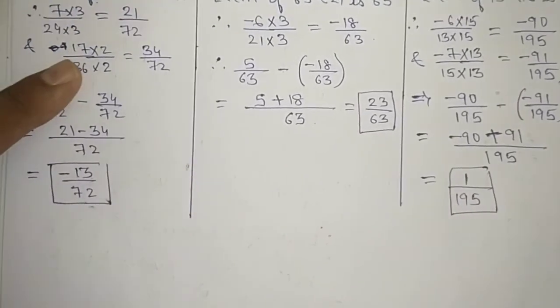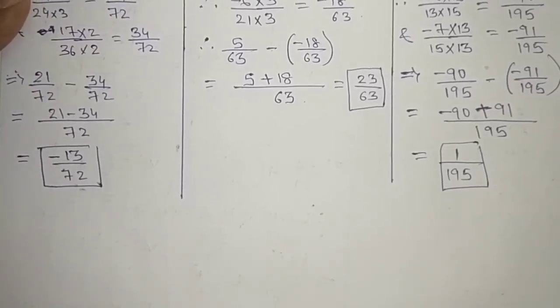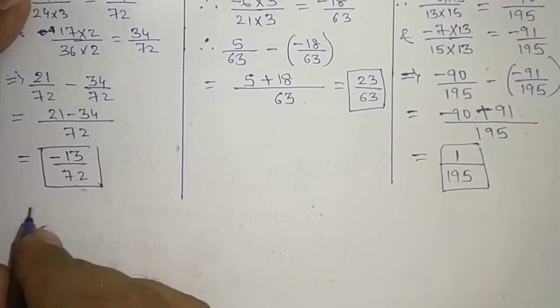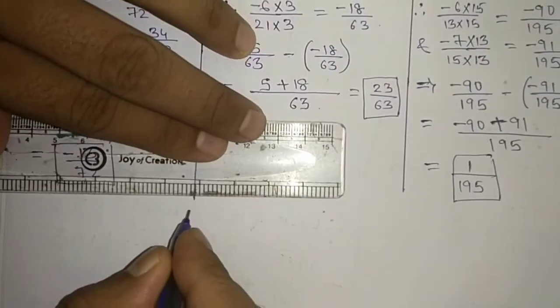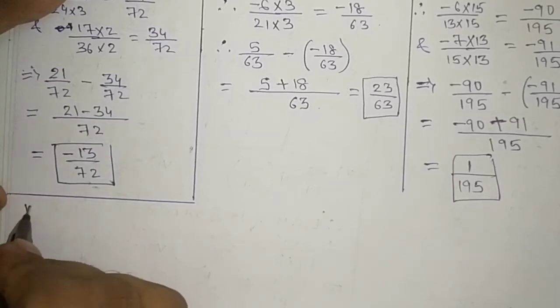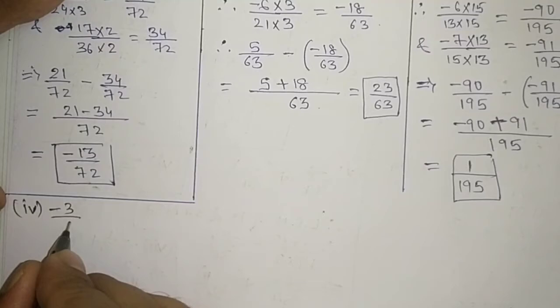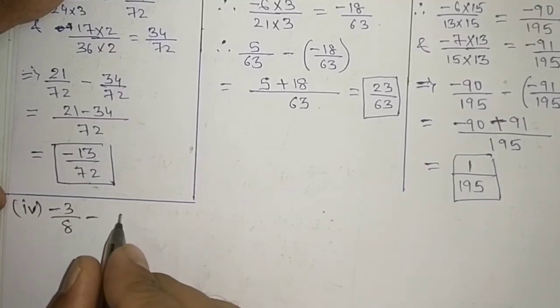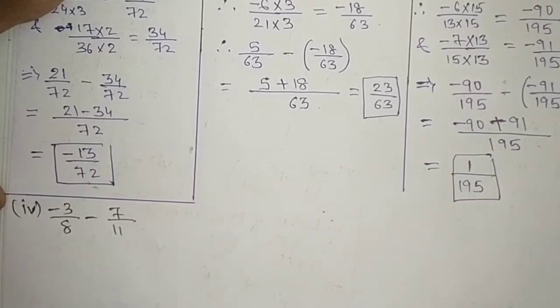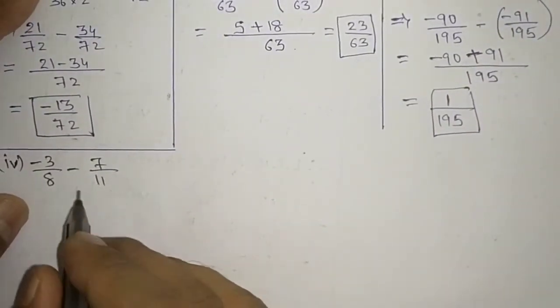Now coming to the fourth part, that is minus 3 divided by 8 minus 7 divided by 11. This number is 7 by 11, which is plus.